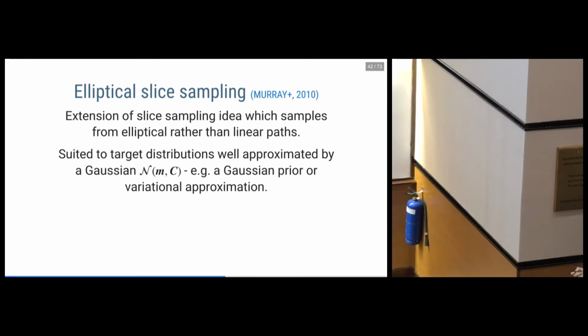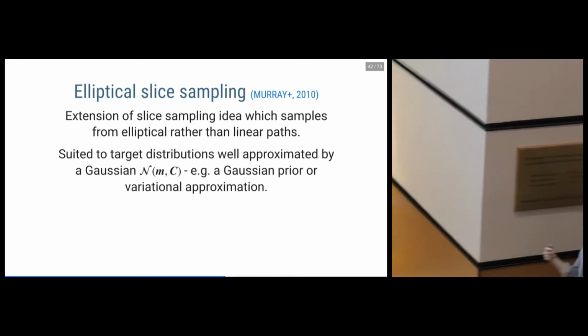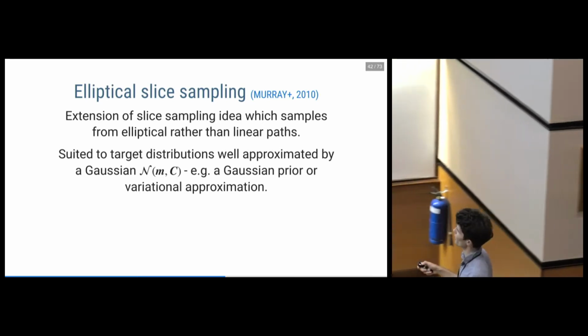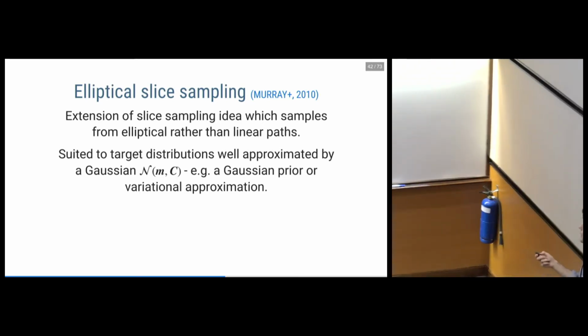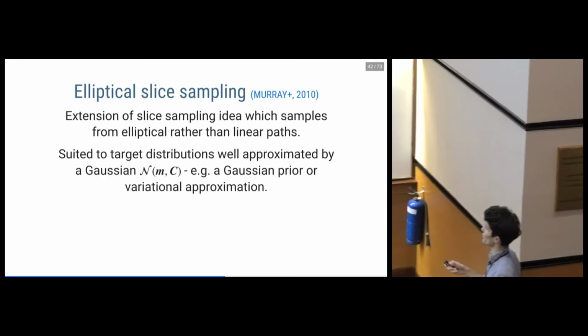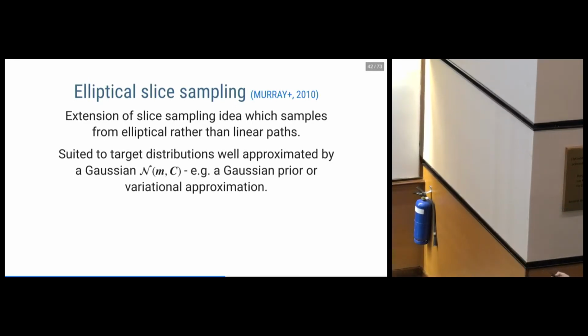So if we believe that the target distribution is in some sense well approximated by a Gaussian, so that could be because we have a strong Gaussian prior, which often comes up in, say, Gaussian process models, where the Gaussian prior in this high-dimensional space might be the main thing informing the posterior in a lot of directions in space.